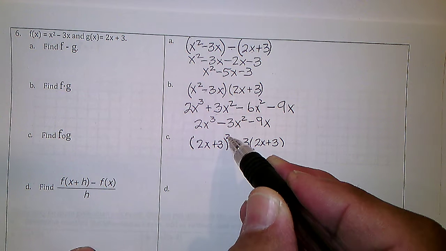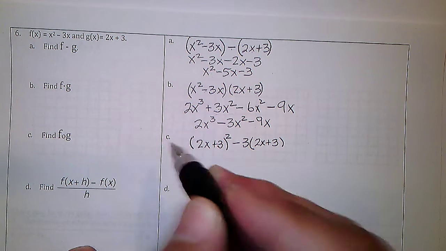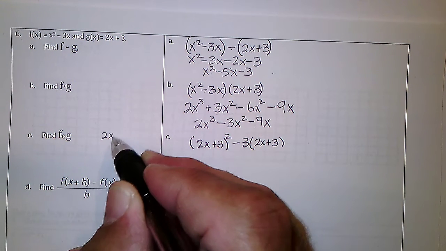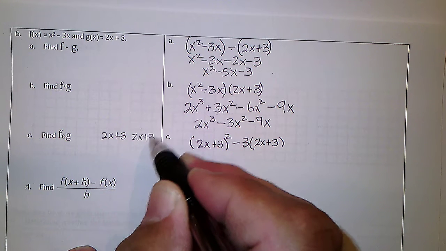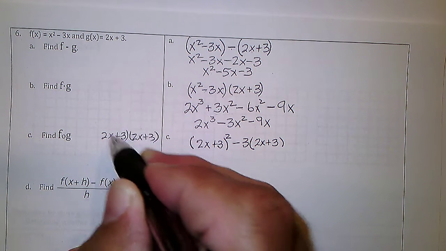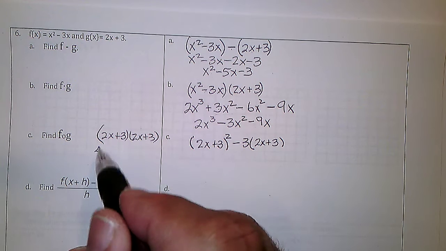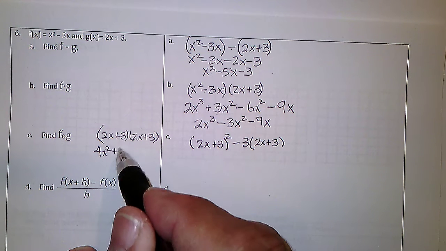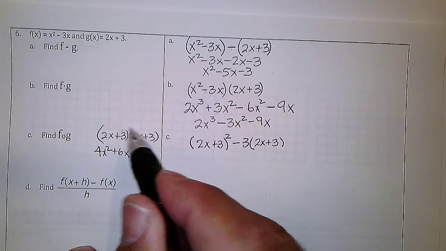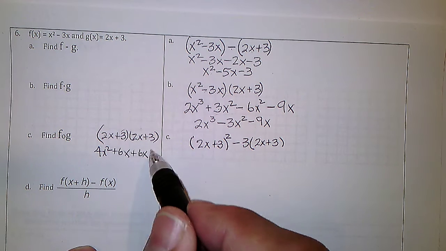And I'm afraid many of you are going to just say, well, that's 4x squared plus 9. But it's not. I got to take 2x plus 3 times 2x plus 3. Squaring means multiplying by itself. So that's 4x squared plus 6x plus 6x plus 9.